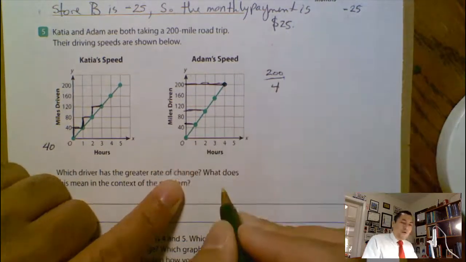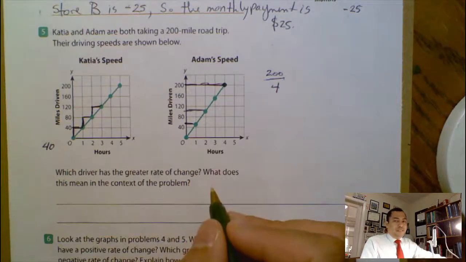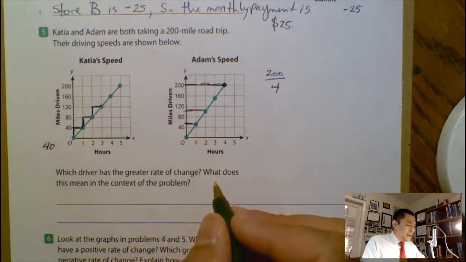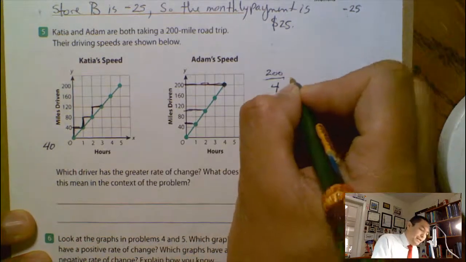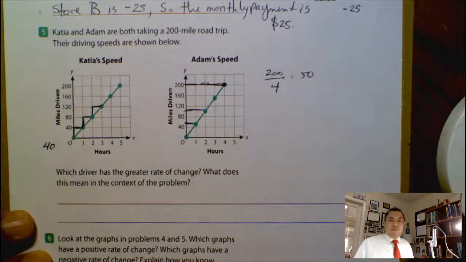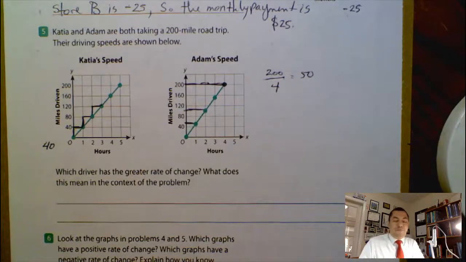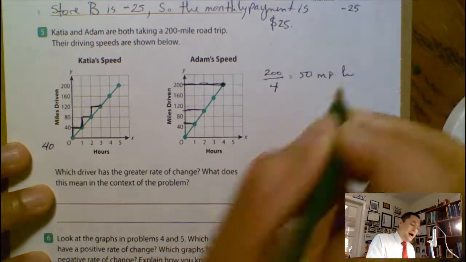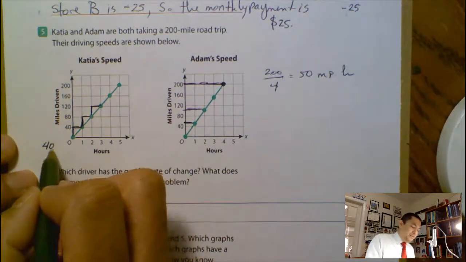Over 4 hours. So let me say he did 200 miles in 4 hours. So if we simplify that value, we're going to get 50. 200 divided by 4 is equal to 50. So he did 50 miles per hour. And Katia did 40 miles per hour.